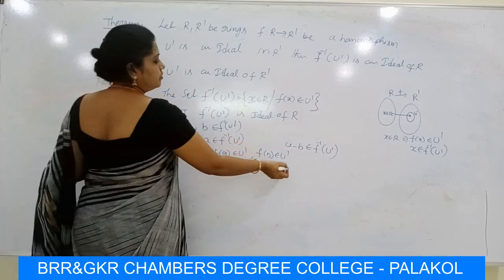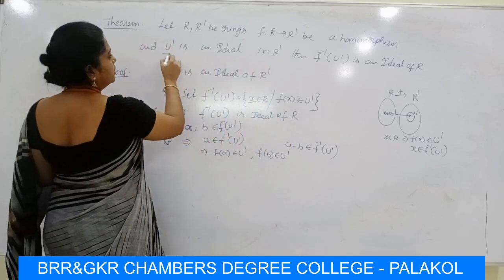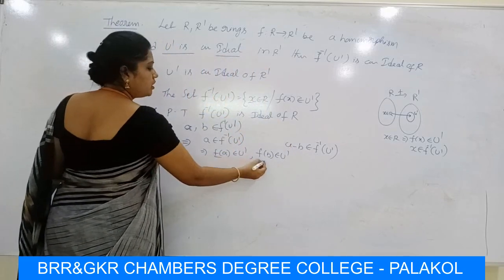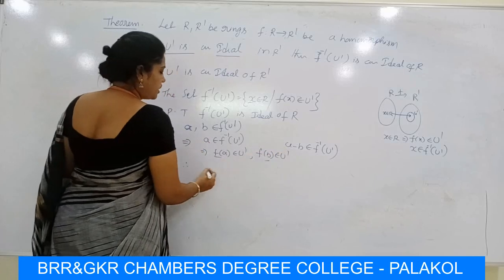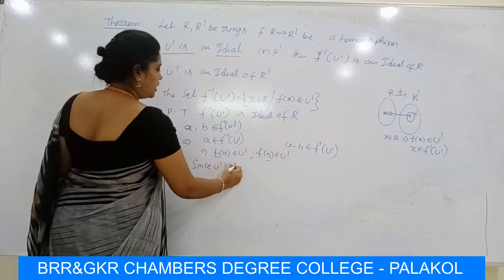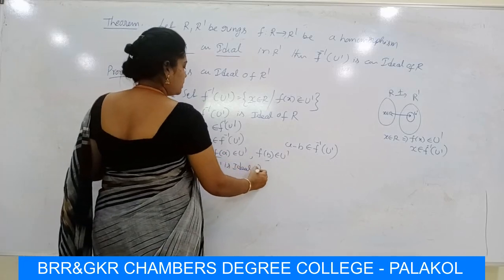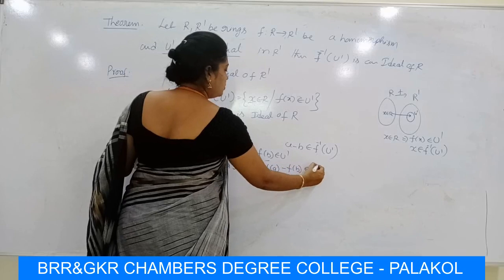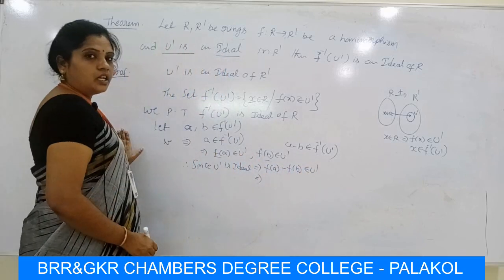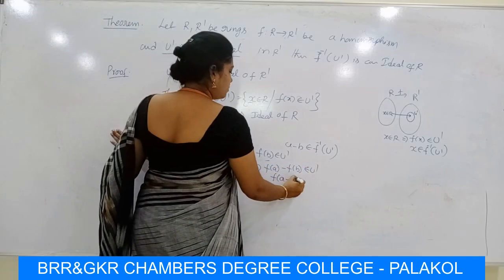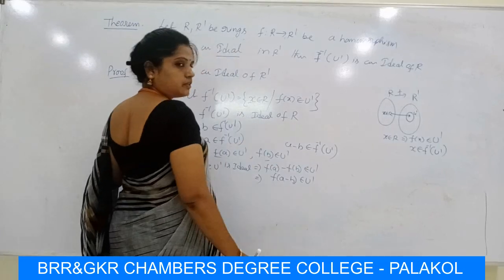Since U dash is an ideal of R, therefore F of A and F of B are elements of U dash. Since U dash is an ideal, this implies F of A minus F of B also belongs to U dash. By homomorphism condition, this can be written as F of A minus B belongs to U dash.